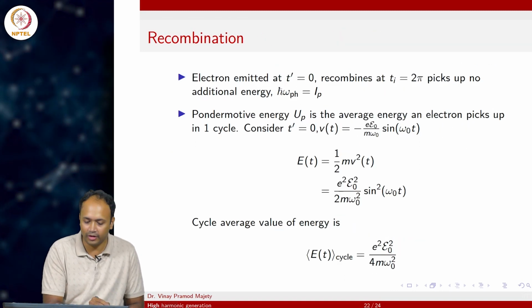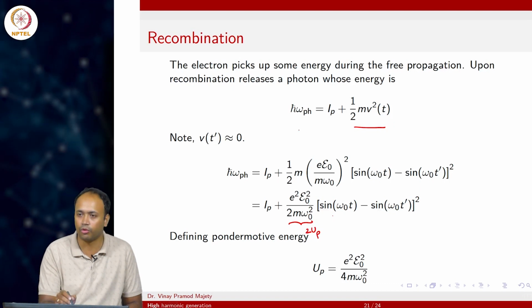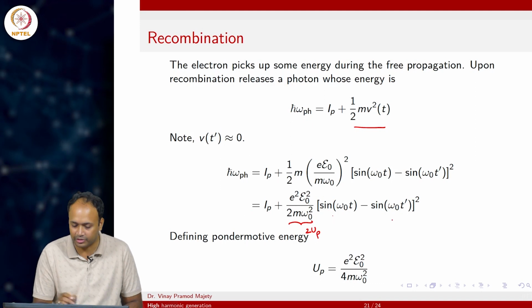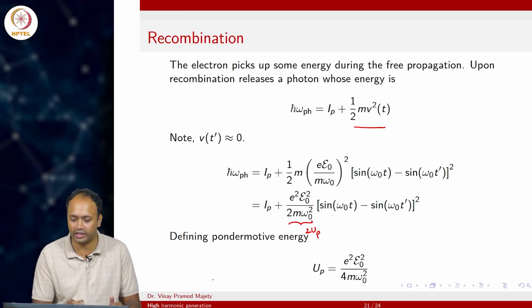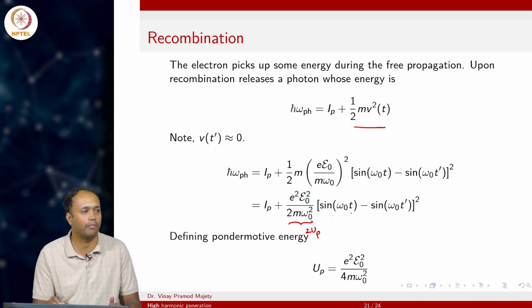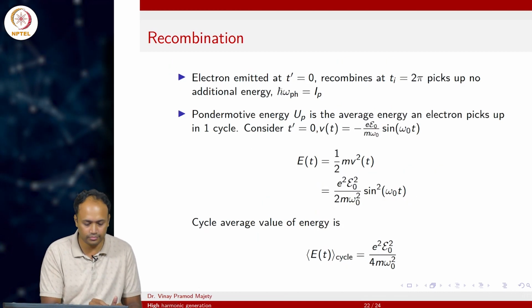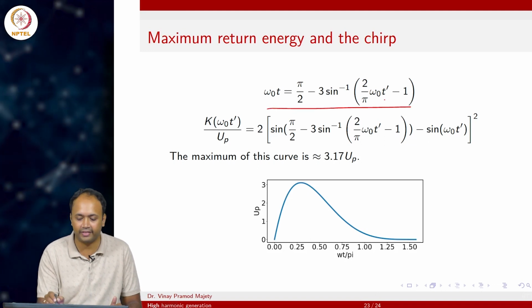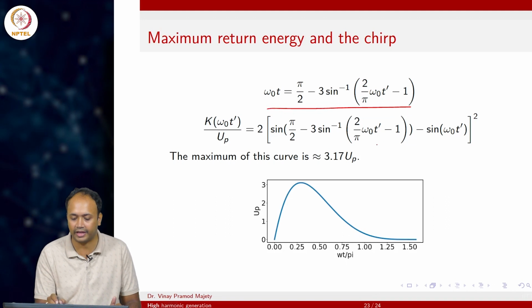Okay, so now I have an expression for the energy of the photon that would be emitted. I also know what is V, we have substituted it here, and we also said that I can have a fitting function that will tell for a given t prime what is the recombination time. We can put them all together, that fitting function for a given t prime, what is the recombination time, plug it into this expression.